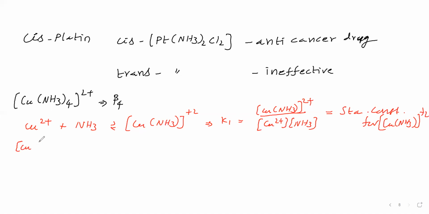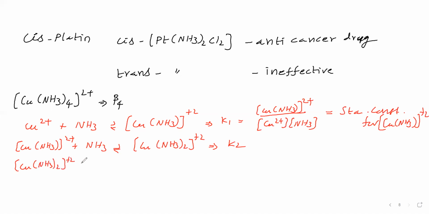Next we take Cu(NH3) 2+ with ammonia, which gives Cu(NH3)2 2+. For this the equilibrium constant is K2. Next, Cu(NH3)2 2+ with ammonia gives Cu(NH3)3 2+.